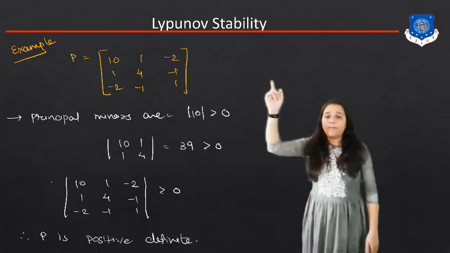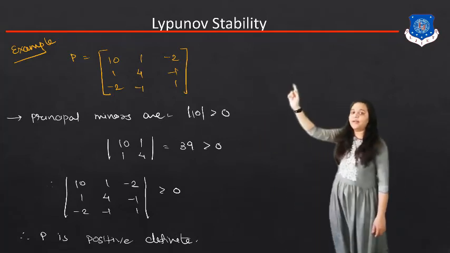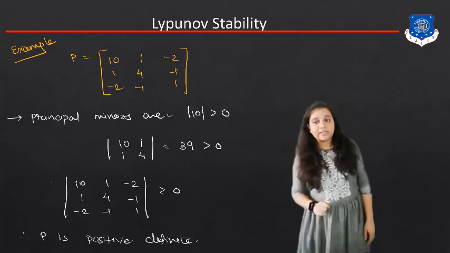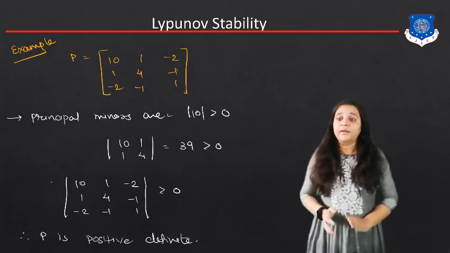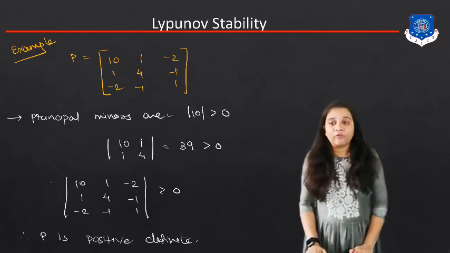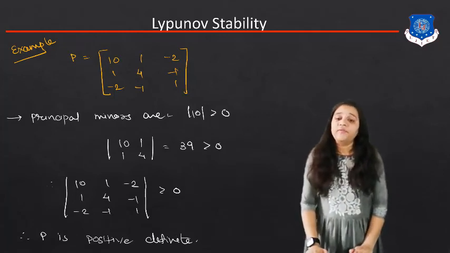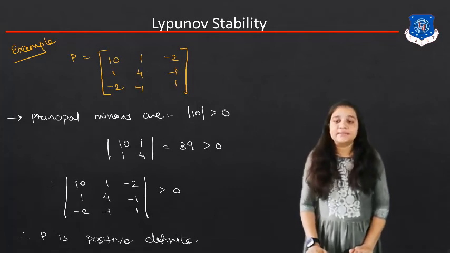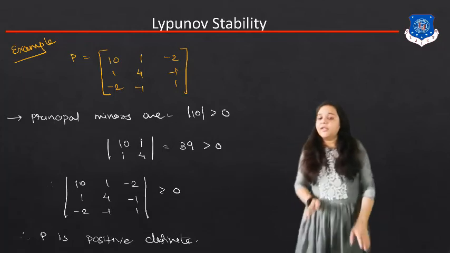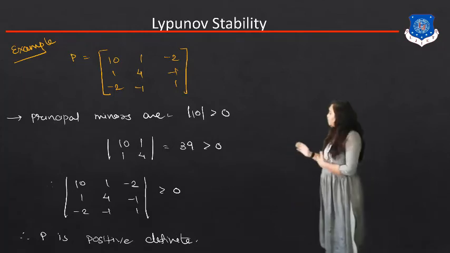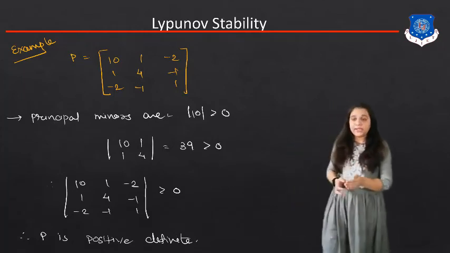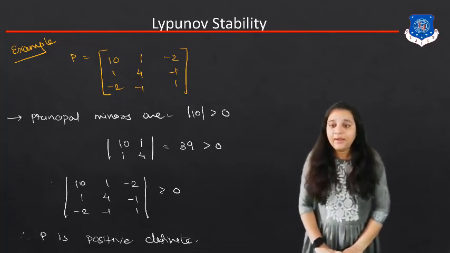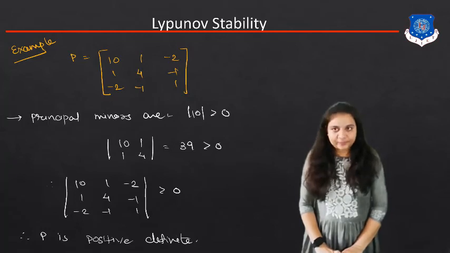That means the real symmetric matrix in this example is positive definite by the principle of minors. If we get the answer equal to 0, P is positive semi-definite, and if it is less than 0, the P matrix is known as negative definite.